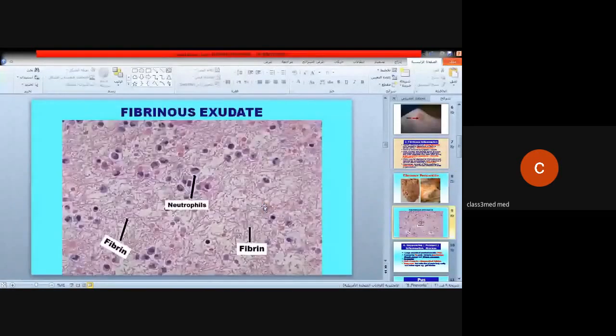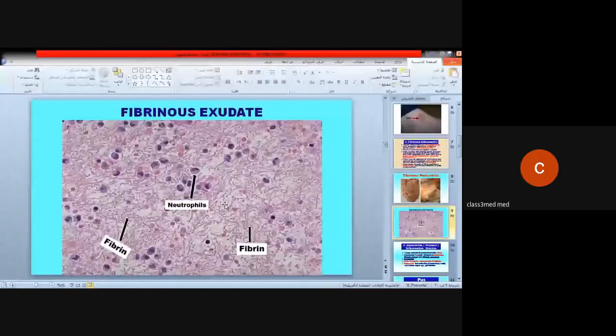This is the cytological features of a fibrinous exudate. Abundant fibrin in the background appears as a thread or pinkish thread.